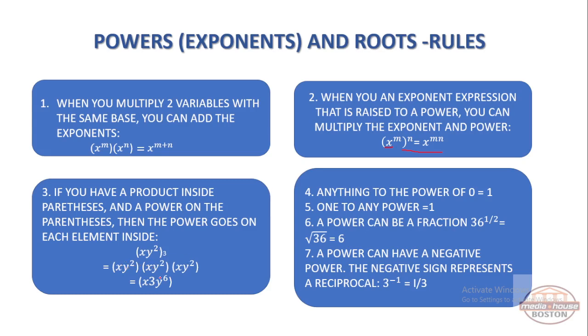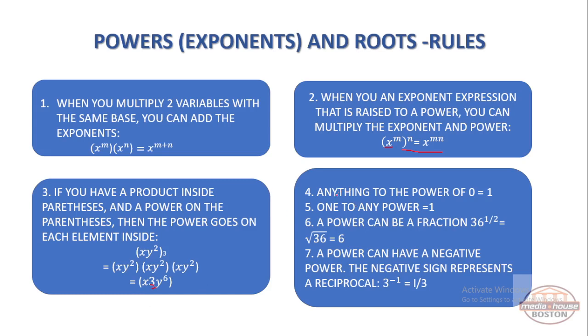Or take x y squared in brackets to the power of 3. This 3 says the information is multiplying itself 3 times. So your final answer will be x to the power of 3, y to the power of 6, which is 2 multiplied by 3, giving you 6. Sorry, it's x to the power of 3, not x3y.